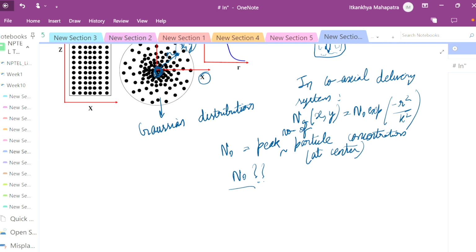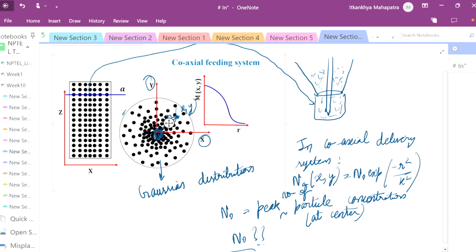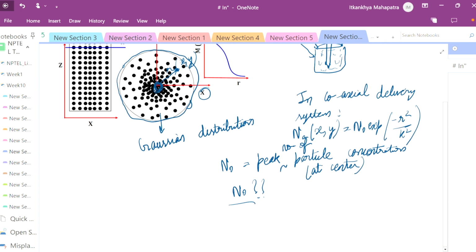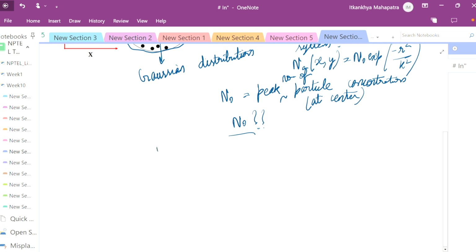So how to calculate it? Suppose we consider the periphery. This is the periphery. Now at r is equal to R, N_A is equal to n naught by e square.